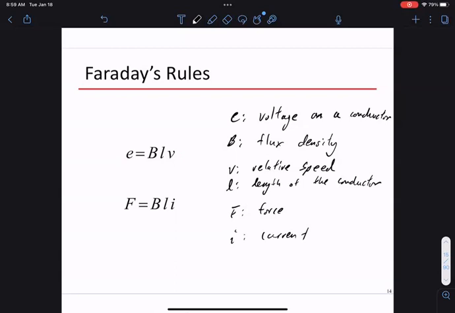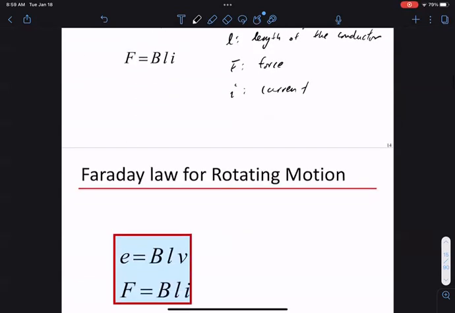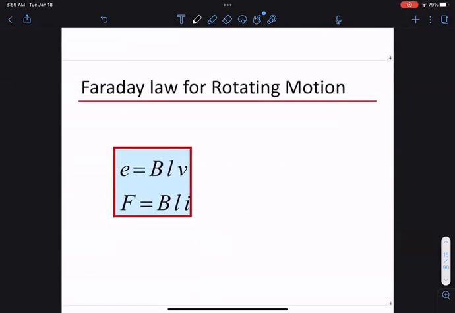That's just a linear version of Faraday's law. And then for our motors and machines and generators, it's just a rotational version of Faraday's law. Instead of talking about V, speed, we talk about rotation. Instead of talking about force, we talk about torque. So we have from linear motion, this is linear motion.